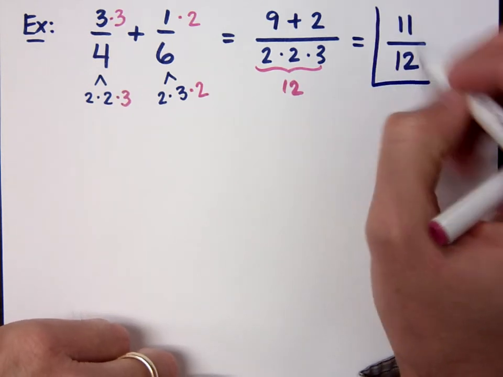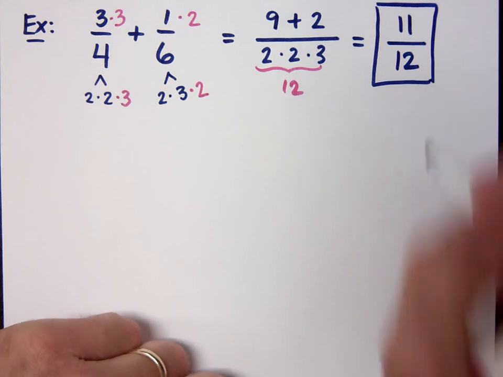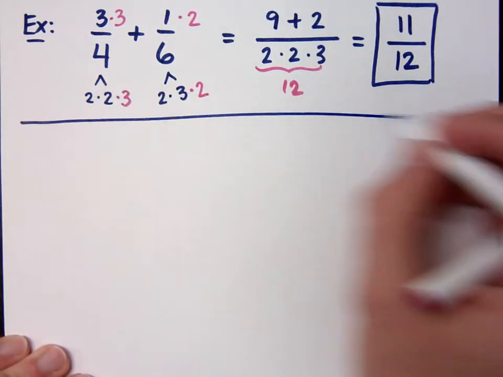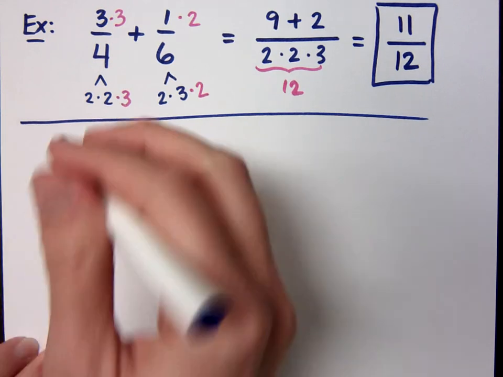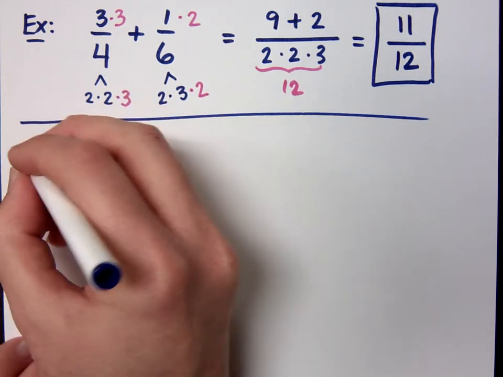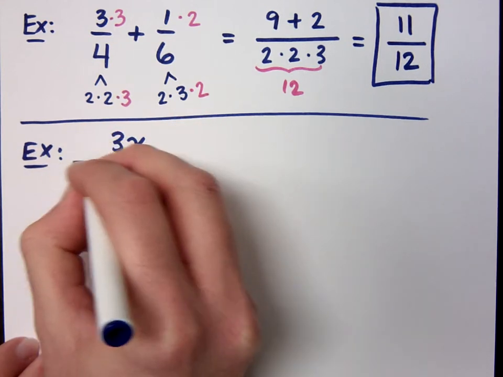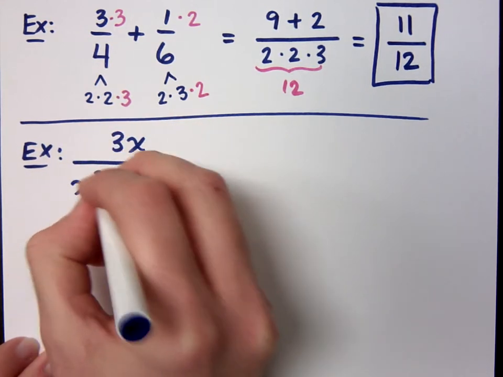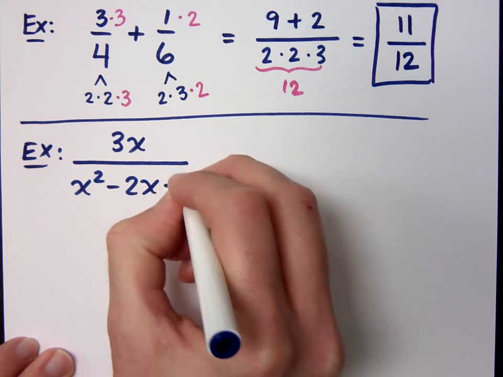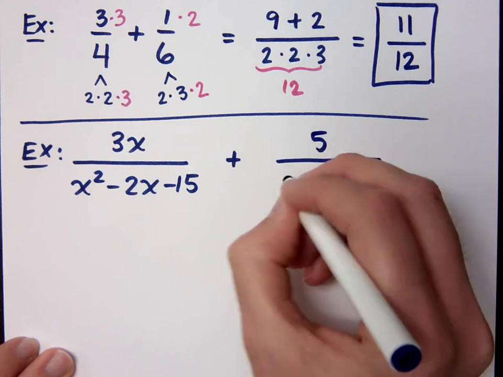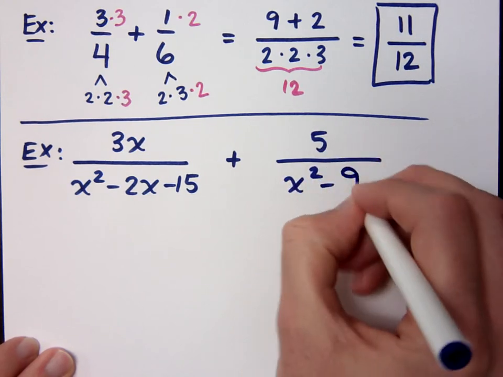And I know some of you are saying, well, that's a really long way of doing that problem. Maybe, because you should be able to look at this and say the LCD is 12. But if I were to give you this problem, 3x divided by x squared minus 2x minus 15 plus 5 over x squared minus 9.